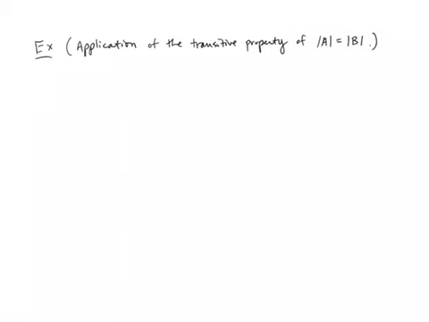So enough with the overly philosophical remarks. Let's take a look at a practical application of the transitive property of equality of cardinality. So last time, one thing we know is that the cardinality of the interval from 0 to 1 is equal to the cardinality of the interval from 0 to infinity.